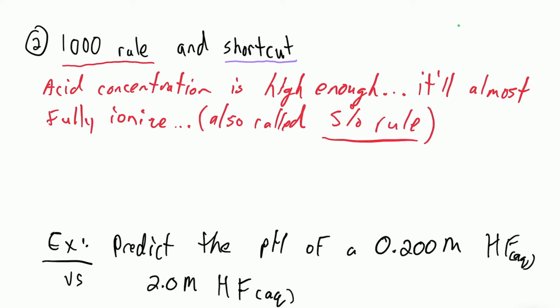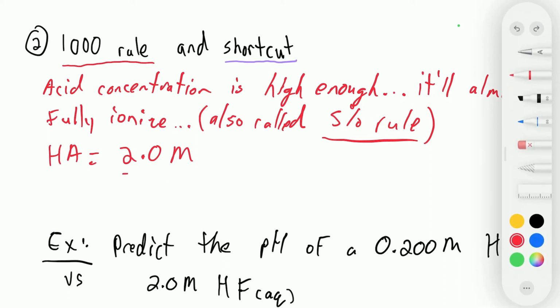And it looks like this. So let's say I give you an acid, we'll call it HA, and we tell you that it's 2.0 moles per liter. What you would do is take the 2.0 and divide it by the Ka of HA. And all you really care to see is if this is going to be greater than 1,000.